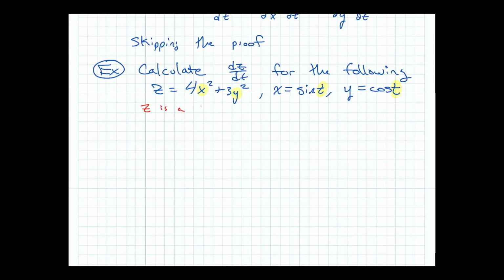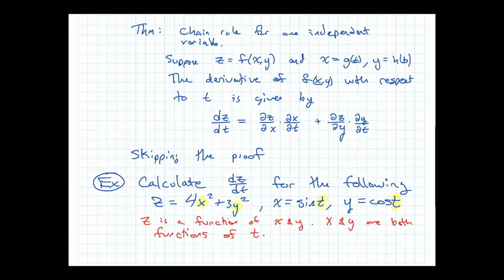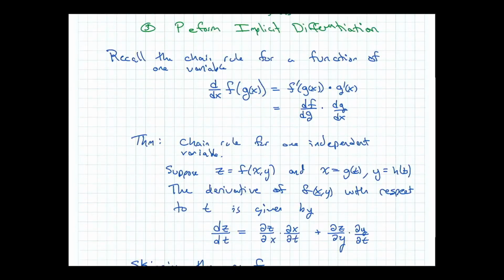Z is a function of x and y. X and y are both functions of t. And if we go up here somewhere, I said that this is the chain rule for one independent variable. The independent variable is the variable that you can pick to be anything, and then the other things are calculated based on it.